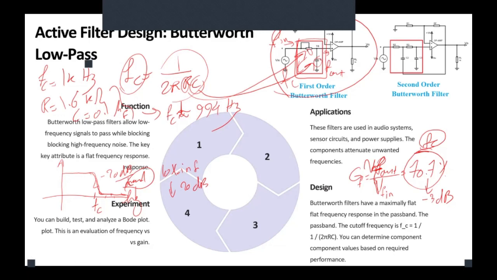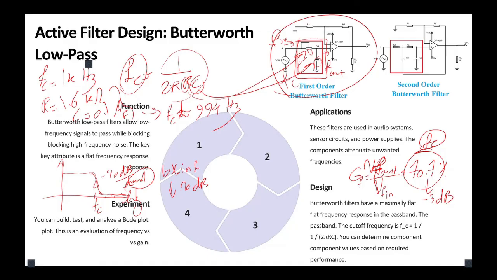Why does all this matter? There are tons of real-world applications for low-pass filters. Like in audio equipment, they help remove unwanted high-frequency noises. In biomedical devices like ECG or EEG monitors, they help clean up the signal. In power supplies, they smooth out the switching noise from voltage converters.